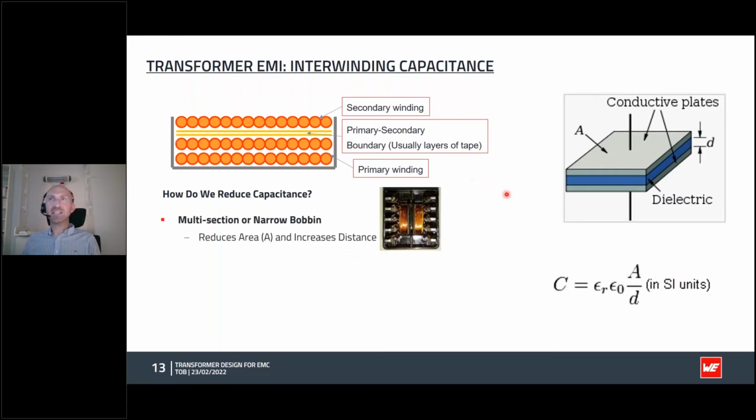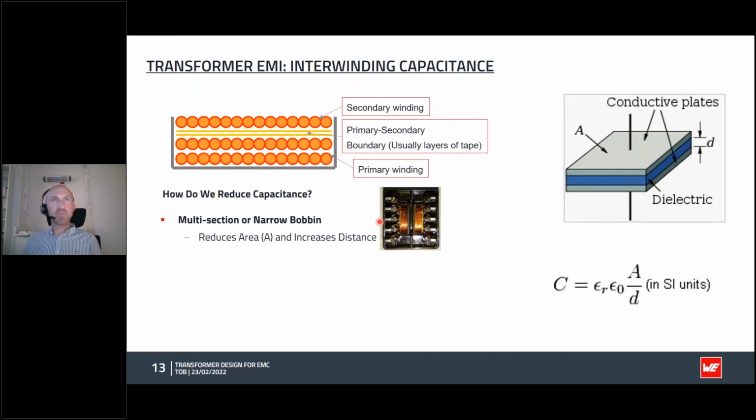So how can we actually implement that in a transformer to reduce the capacitance? Well, one way is to use a narrower bobbin. We have the transformer here, and the bobbin winding width is from here to here. If we move this wall of the bobbin closer here, then we essentially reduce this area between the windings.